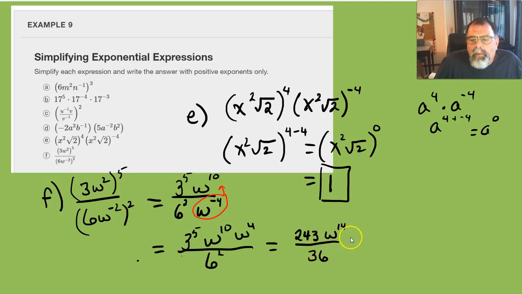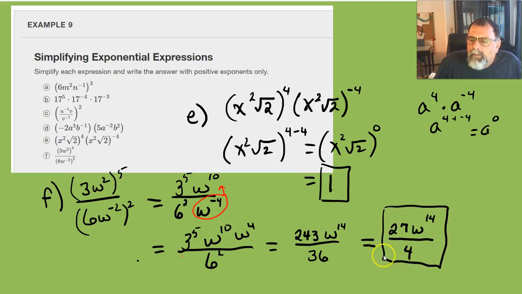I think this will reduce because 6 is 3 times 2, so I can divide 9 out of both of these. 243 divided by 9 is 27, and 36 divided by 9 is 4. And then I have the w to the 14 that stays there. Okay, that's the last one.